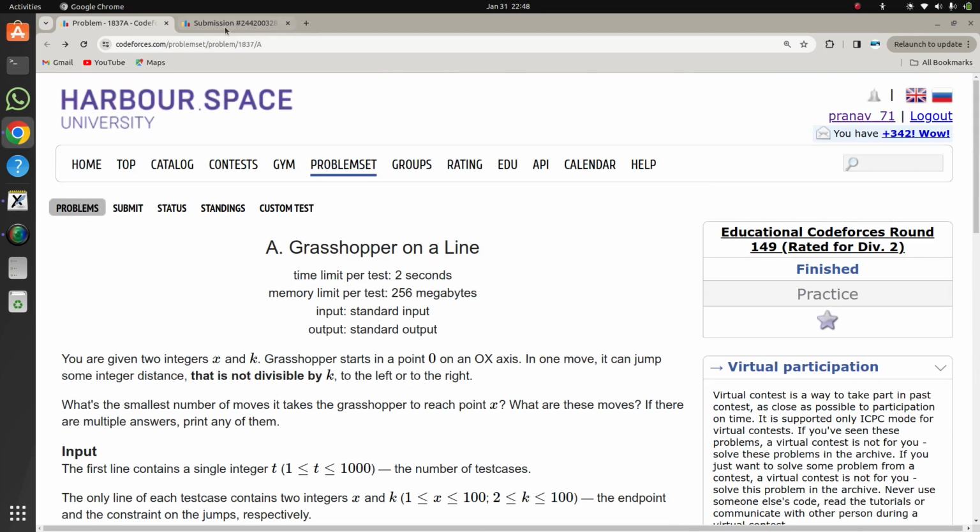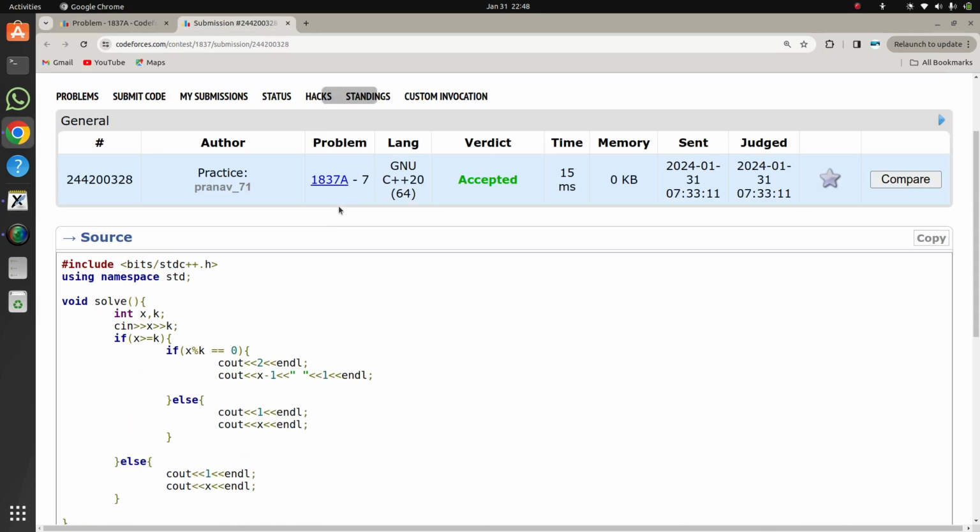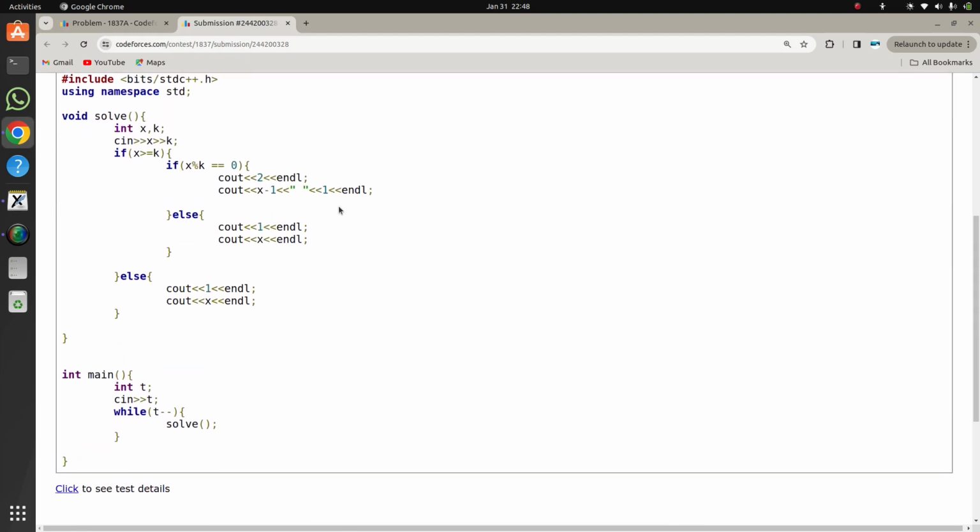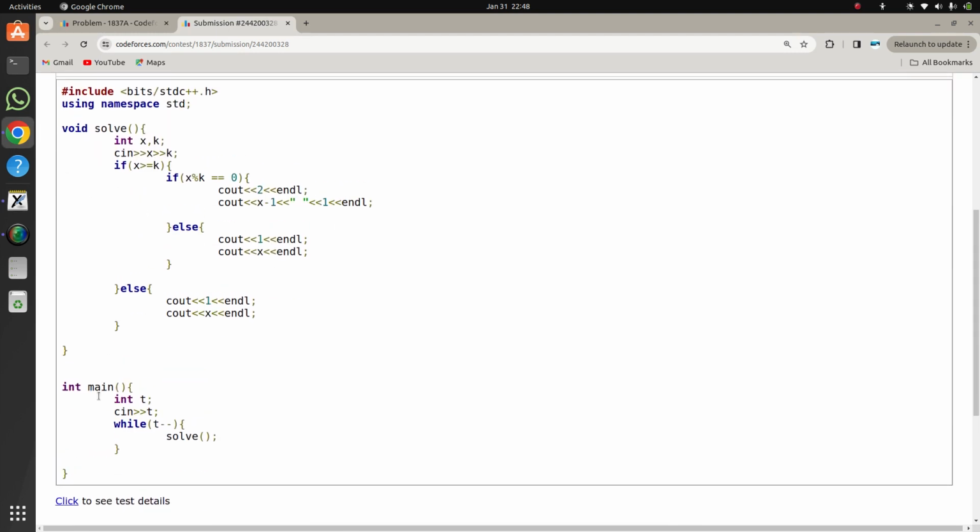So here is the solution. This is the main function and this is the solve function. Inside my solve function I have input x and k, and first I check whether x modulo k is equal to 0. If so, I do the same thing.